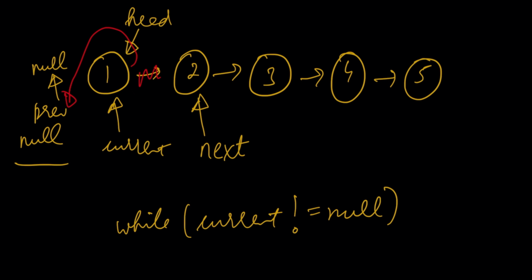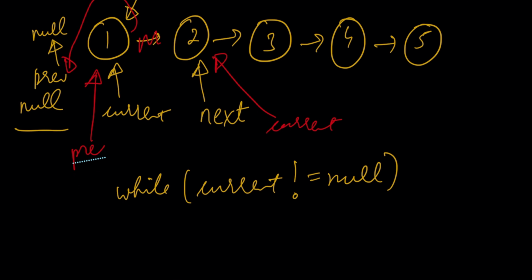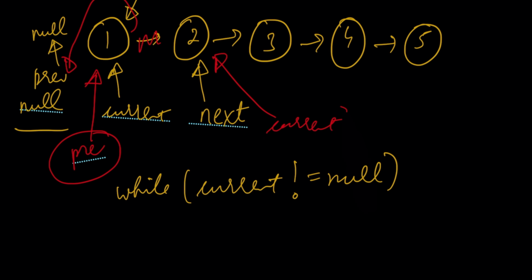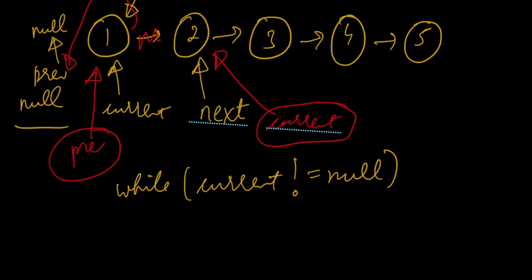and after we do that, we're going to update the previous to current, and our current would become our next. Here we first need to update the previous pointer before we update the current pointer. This is because if we update the current pointer before previous, then it would lead to previous being updated incorrectly.